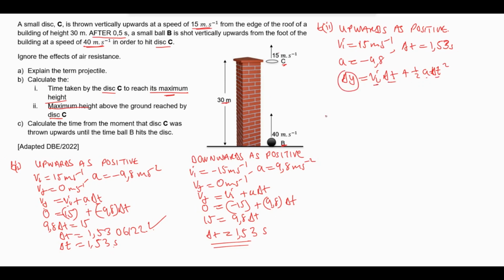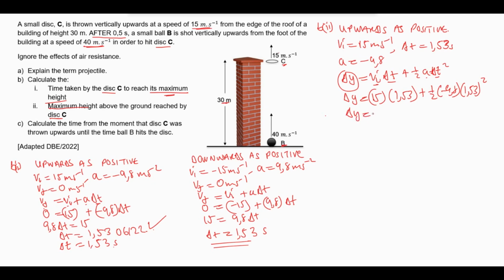We can find our displacement. Right, so let's substitute what we have. So delta y is equal to 15 times 1.53 plus half, acceleration is negative 9.8, times 1.53 squared. Then we just put this in the calculator.